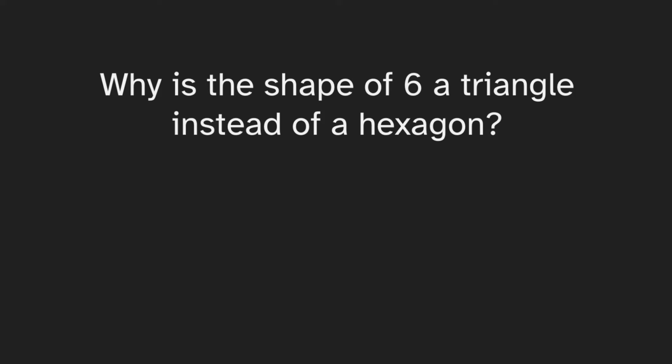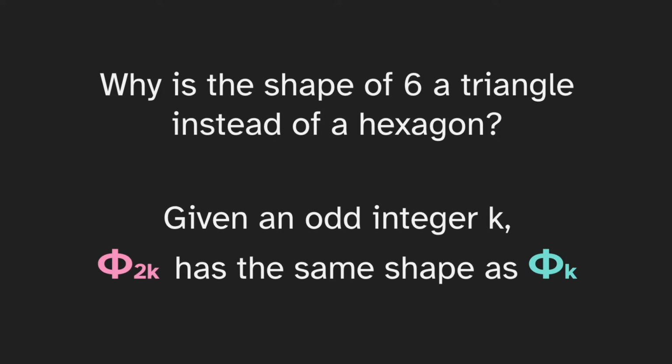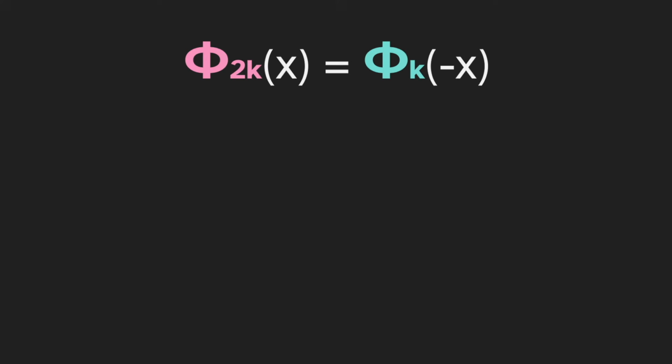But it turns out if you have the shape of an odd number, doubling that number won't change the shape. Or more formally, given an odd integer k, phi sub 2k has the same shape as phi sub k. And we can show this using the fact that phi sub 2k of x equals phi sub k of negative x.